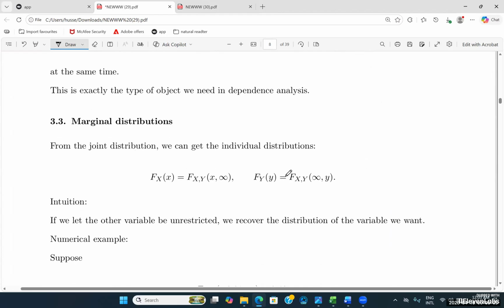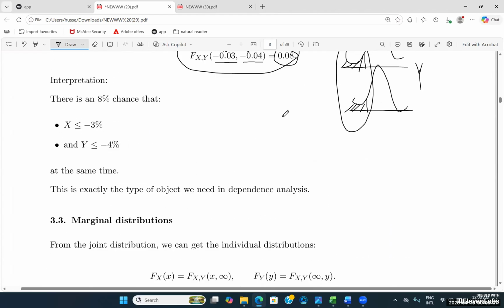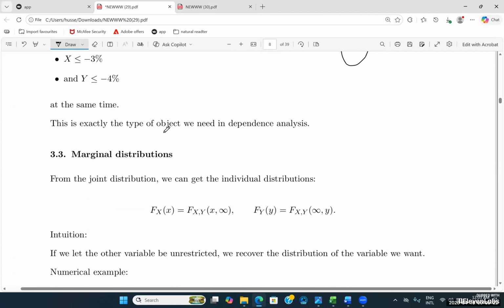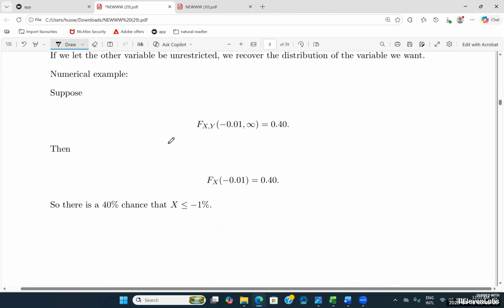For instance, let's consider this critical value to be 8%. So we're looking at an 8% probability that the variable x will be less than negative 3%, and simultaneously the y variable will have a value that is less than negative 4%. This is simply the dependence analysis, a fundamental process for uncovering the connections between various components.